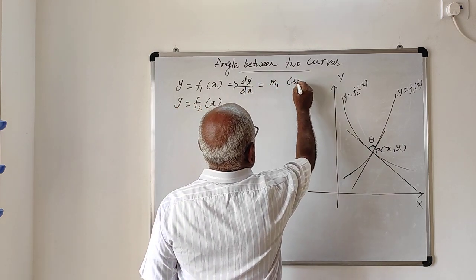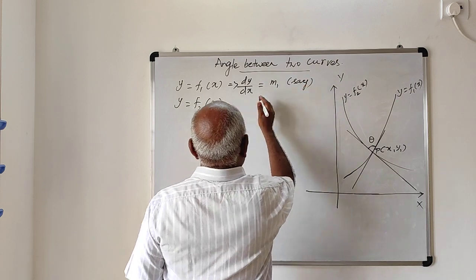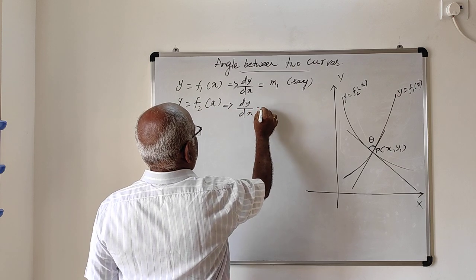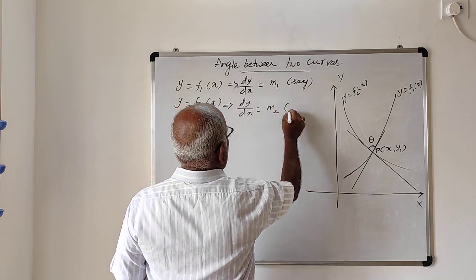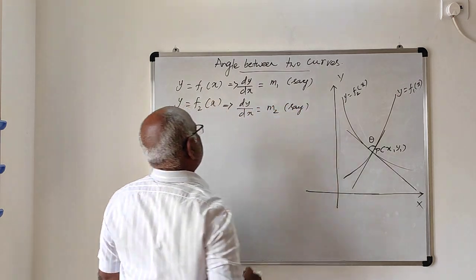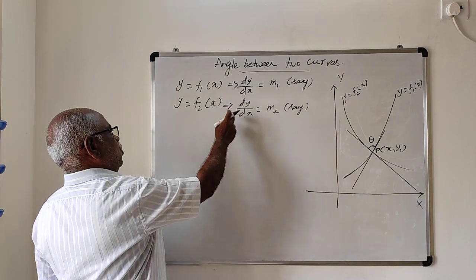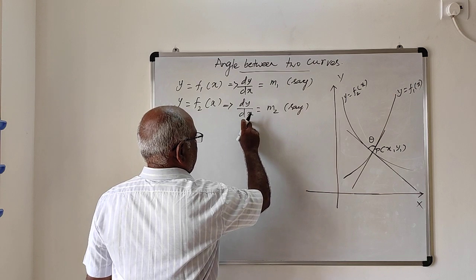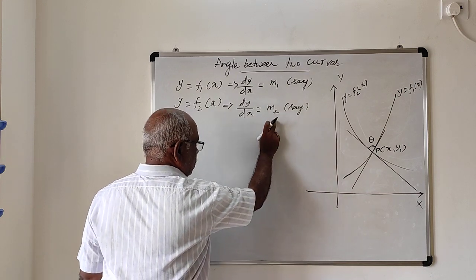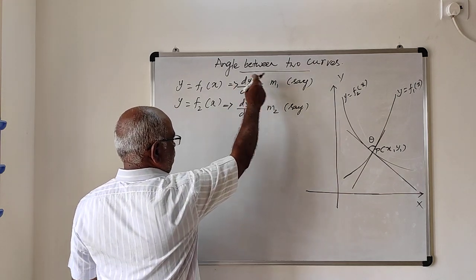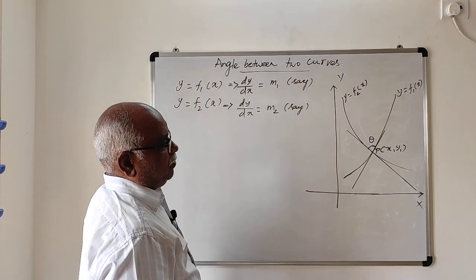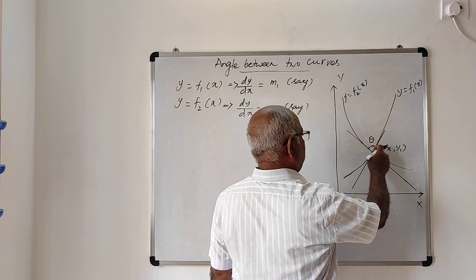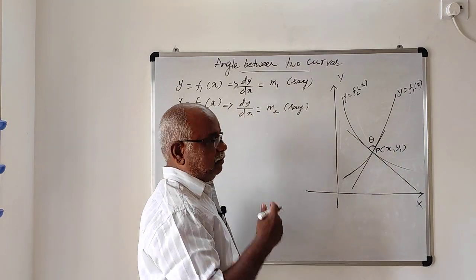Similarly, the slope of the tangent to the second curve, dy by dx, is m2. So the angle between the two curves means the acute angle between the tangents drawn at the point of intersection.